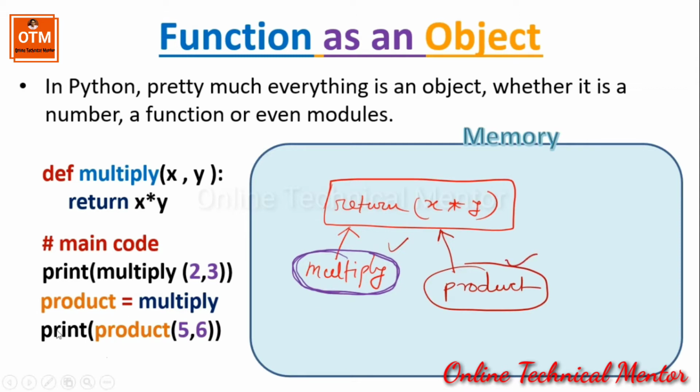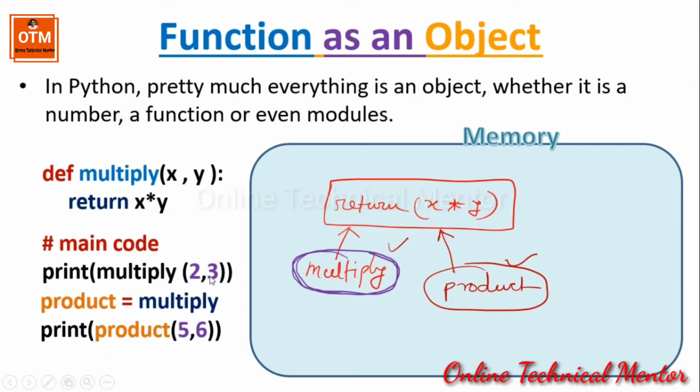Now look at the last line of the program, print product 5, 6. Just like multiply, we can call the function with the product object along with these two arguments 5 and 6, so it will behave the same as multiply. You can think that product is another name of multiply. Both are referring to the same memory area, or the same code or the same function.